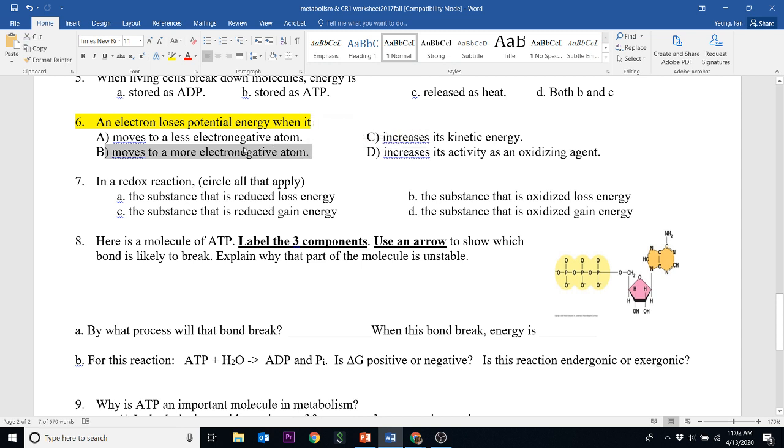Because remember, the more electronegative the element is, the tighter it holds the electron, so it doesn't fly around as freely, so it has less potential energy, okay?